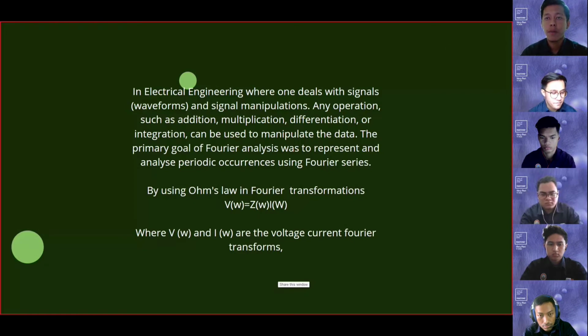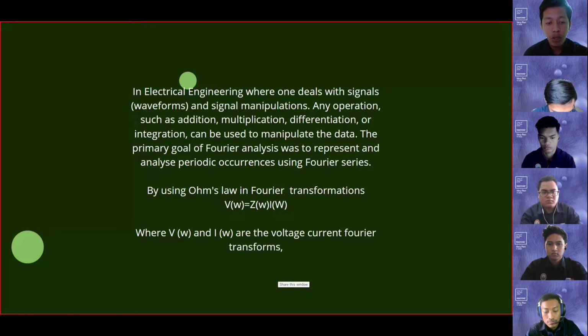Now I will present about the application in electrical engineering. In electrical engineering, where one deals with signal waveforms and signal manipulation, any operation such as addition, multiplication, differentiation, or integration can be used to manipulate the data.